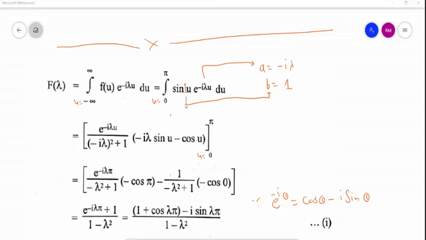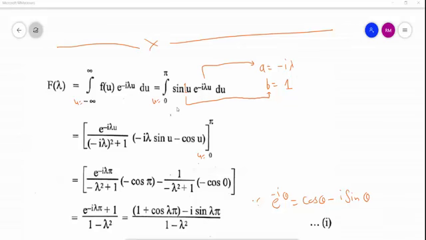So just substitute the value of f of u from the problem, and that is sin u, which is defined on the interval 0 to pi. That's why here, instead of this big interval minus infinity to infinity, our problem is reduced to the interval 0 to pi only, because before 0 and after pi f of x has value 0. That's why we have to just focus on this integration.